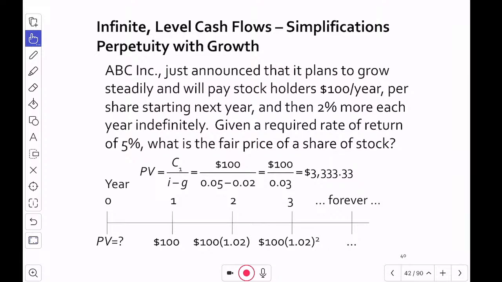So notice this value is higher than the 2000, right? When there was no growth.